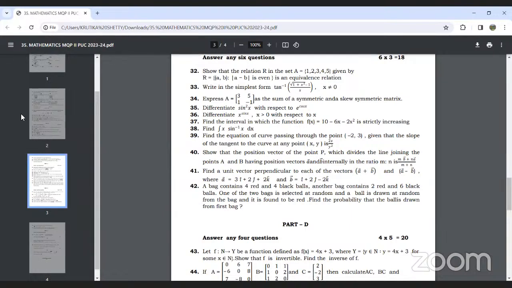Question number 39. It's from differential equation. We will discuss this.